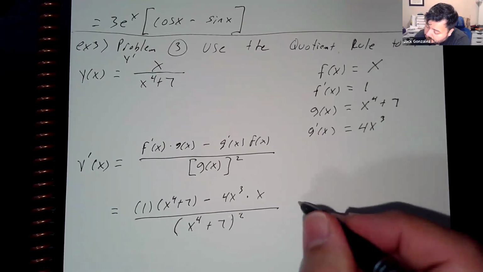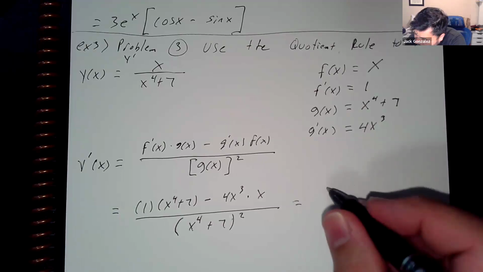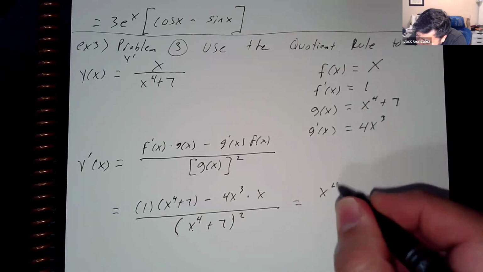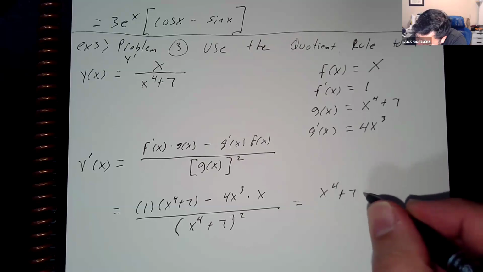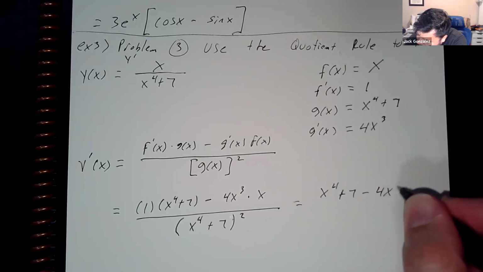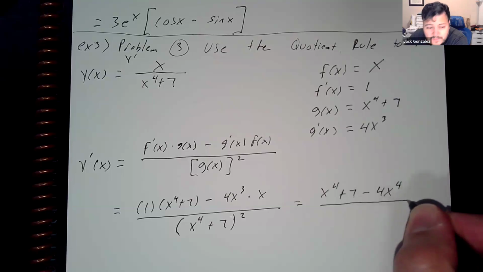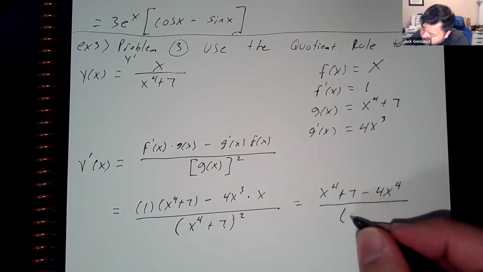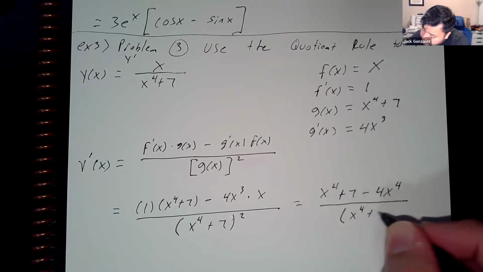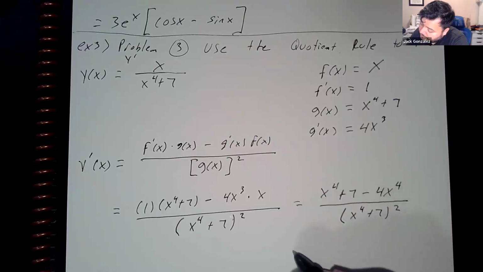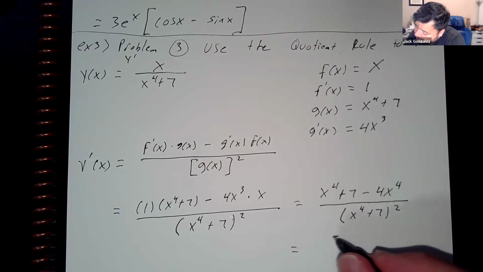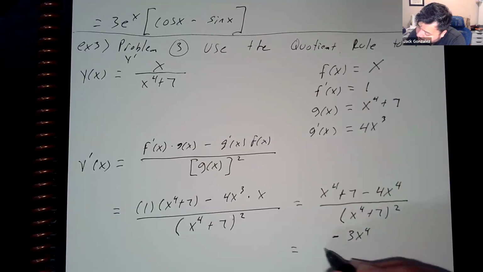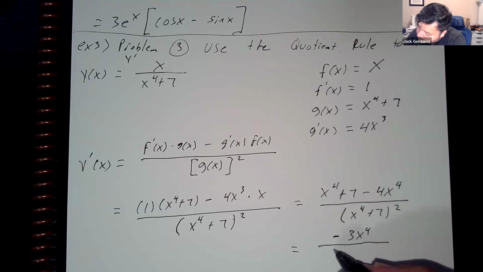We're almost done. Running out of space though. This will be x to the fourth plus 7 minus 4x to the fourth. I don't think it matters if we FOIL this out. I think homework is cool with you leaving it like this. Pretty sure. So final answer would be negative 3x to the fourth over x to the fourth plus 7 squared.